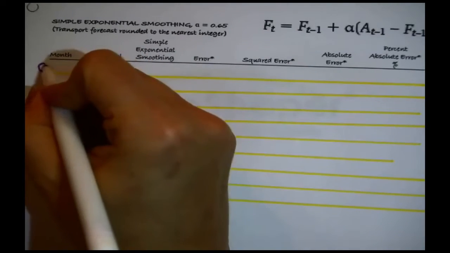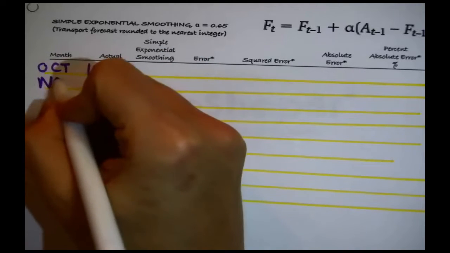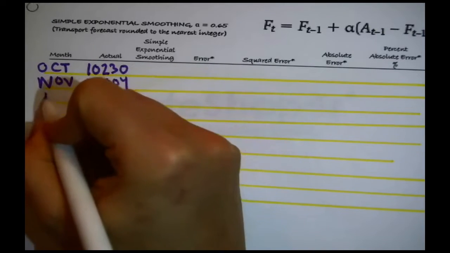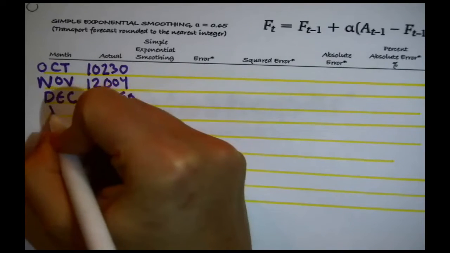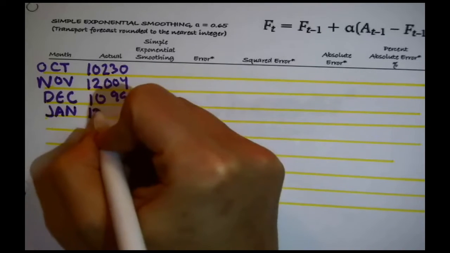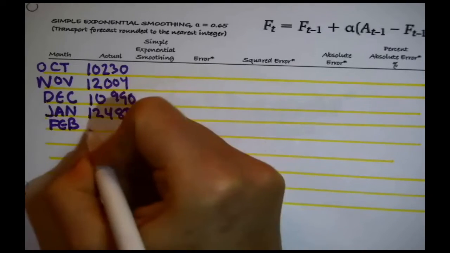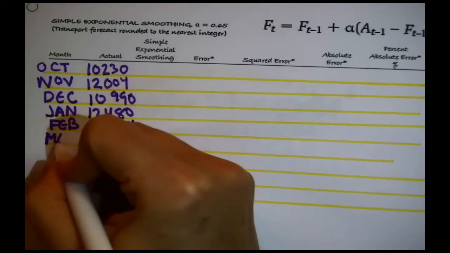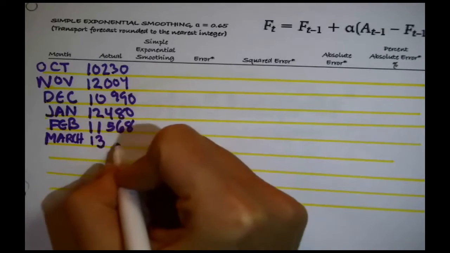Okay, and it's the same data. We're starting over again. So we start with October, and the actual is 10,230. We then go on to November, and that's 12,004, and then December, and that is 10,990, and then January, and that is 12,480, and then February, that is 11,568, and then March, the actual for March had been 13,244.